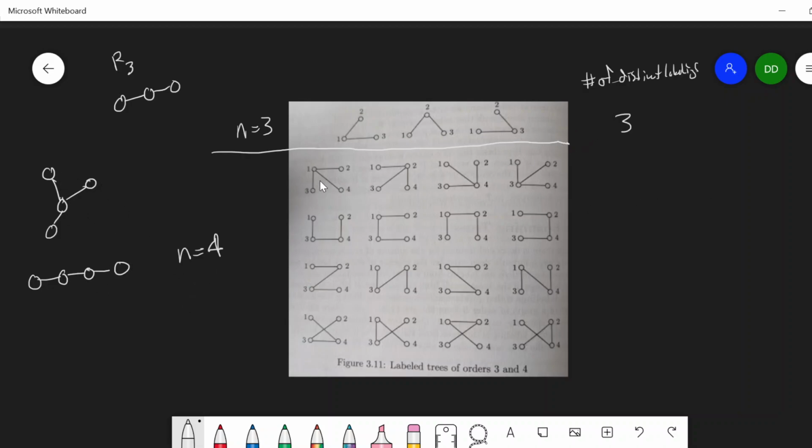Well, here we have 4 different ways to label the star, K_{1,3}. And then what do we have here? We have 12 ways to label the path, P4. And so there's a total of 16 distinct labelings of trees of order 4.